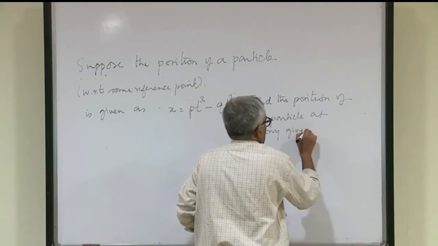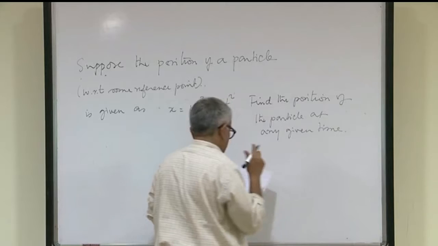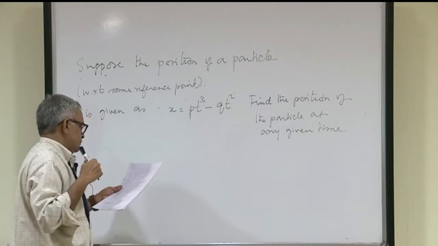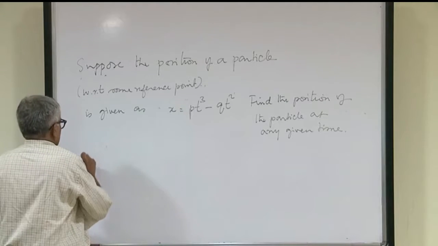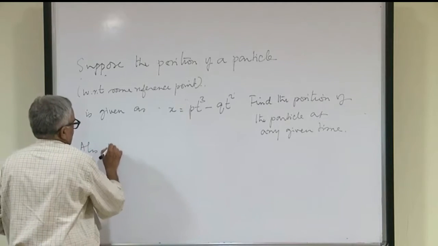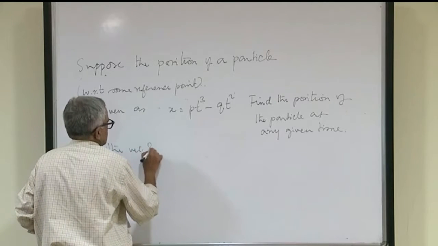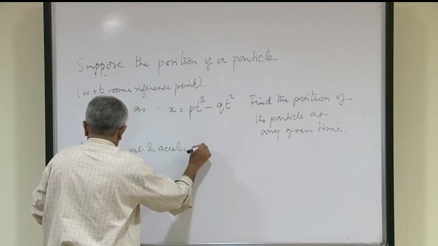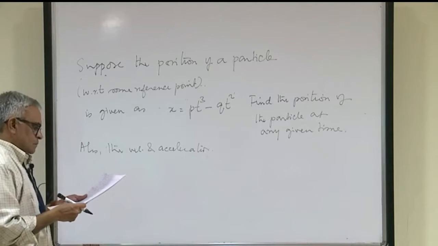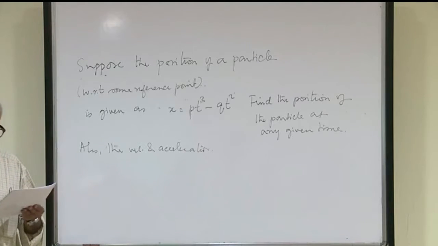This is very easy. I don't have any problem with this. Also find the velocity and acceleration. You know the position as pt cube minus qt squared, so you just have to substitute t. You know p and q, so substitute t and you get the position.